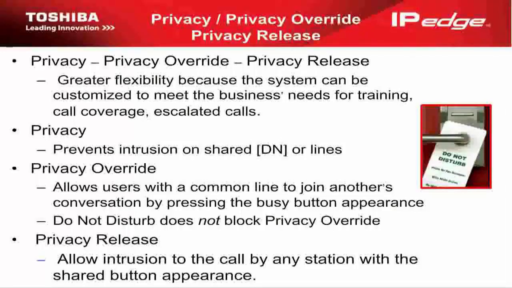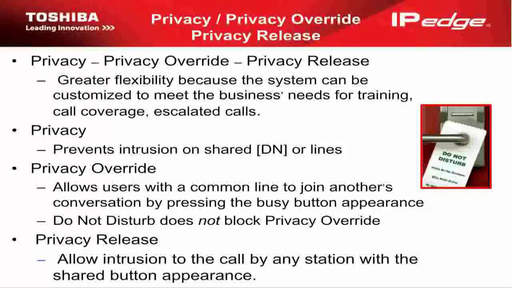Privacy override controls the ability of multiple station users with a shared or common line or DN button appearance to join each other's conversation by pressing the busy button appearance. A station must be programmed with privacy override to permit the intrusion on a shared line or on DN buttons.